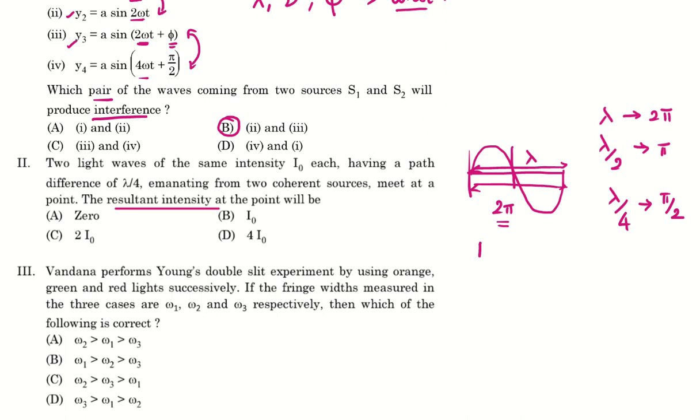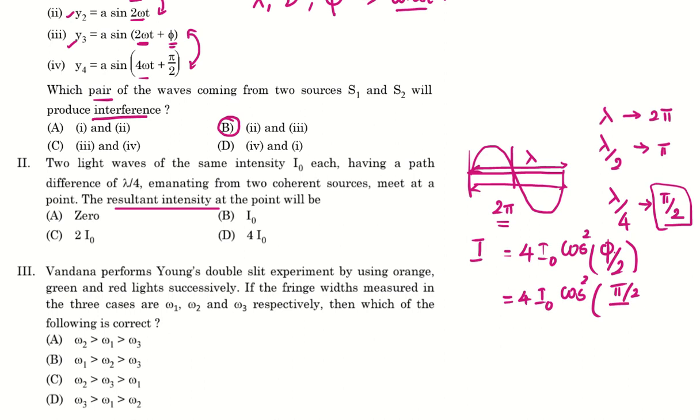So we know the formula. The resultant intensity is 4 I naught cos squared phi by 2 if two coherent light sources interfere. I naught is the intensity of the incident light. Now we found phi as pi by 2, so let's plug in here. You have 4 I naught cos squared (pi by 2 divided by 2), which is equal to 4 I naught cos squared pi by 4.